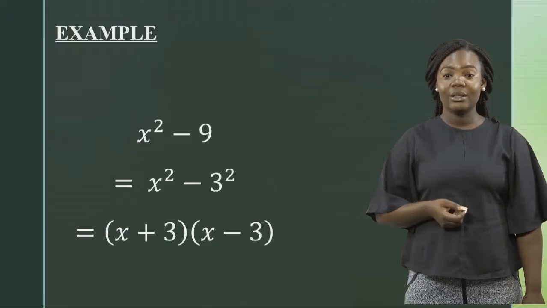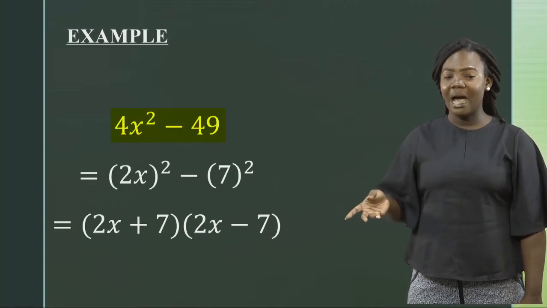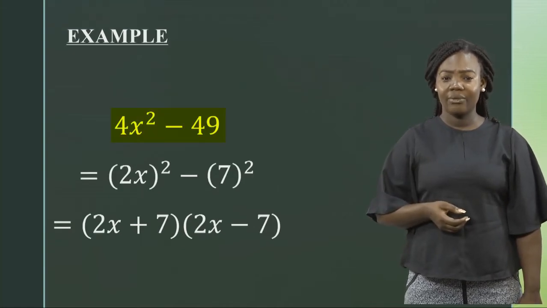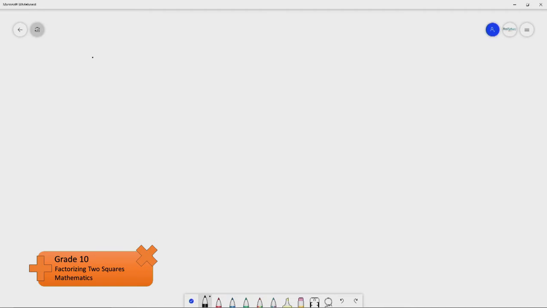So let's look at yet another example. Now here we have 4x squared minus 49. It says 4x squared minus 49. So here we are looking at a difference of 2 squared, because each of these numbers represents a squared number. So if we are to rewrite this, we know that 2 multiplied by 2 is 4. So any number multiplied by itself produces a squared number.